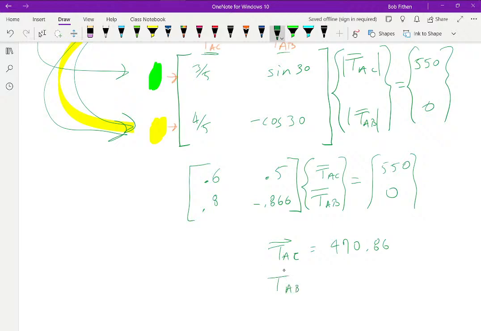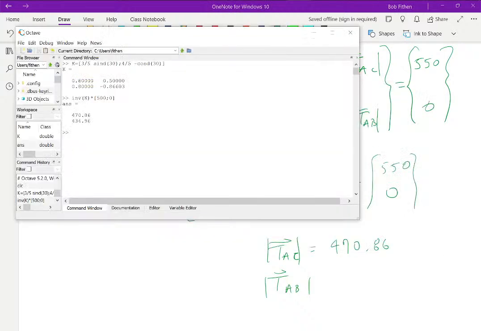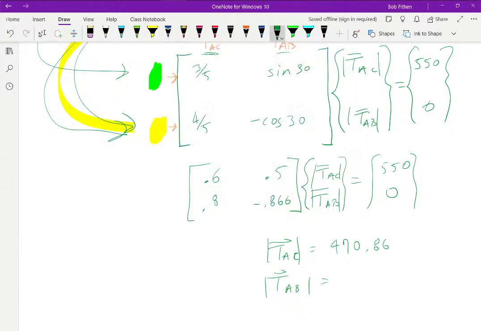These should actually have the magnitudes here. And that would be 434.96.